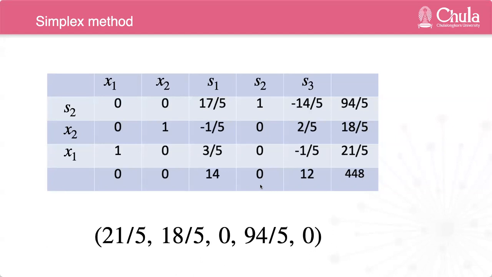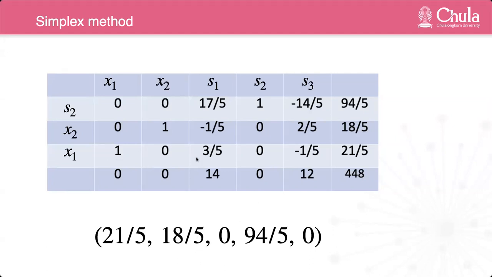Now we reach this point. Our basic variables now encompass x1, x2, and s2. Okay? x1 is 21 over 5. x2 is 18 over 5, right?